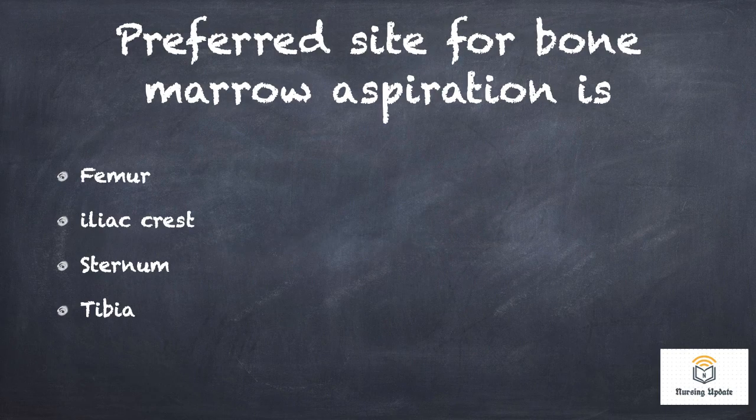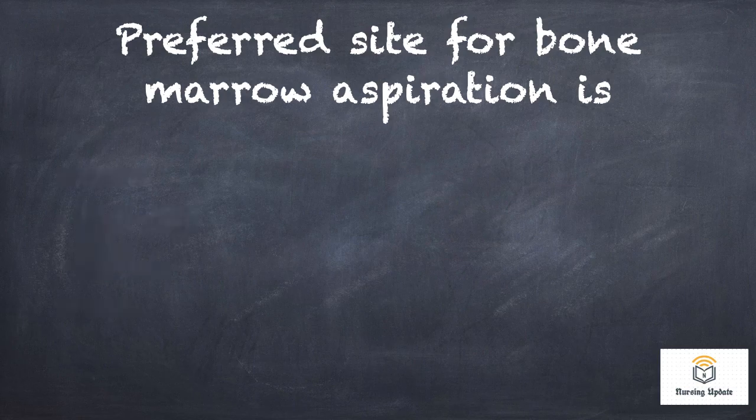Then move on to the final MCQ of today's video. The preferred site for bone marrow aspiration is option A, femur, option B, iliac crest, option C, sternum, and option D, tibia. They have asked which is the most preferred site for bone marrow aspiration. They didn't mention child or adult or anything.